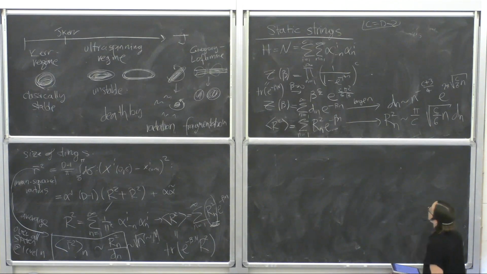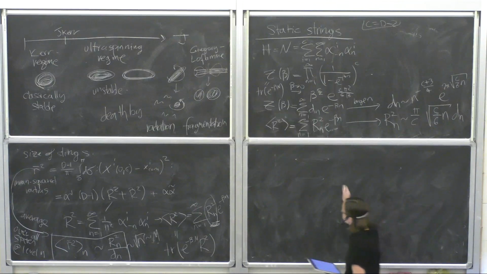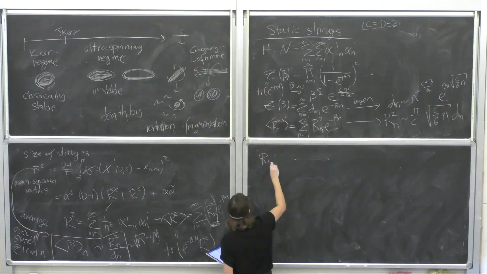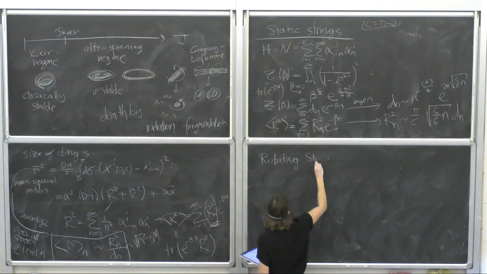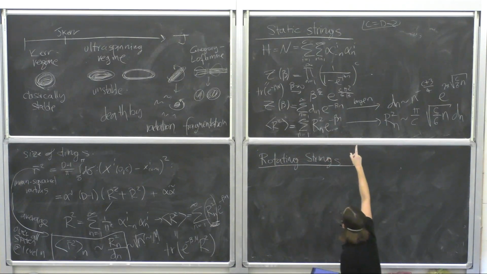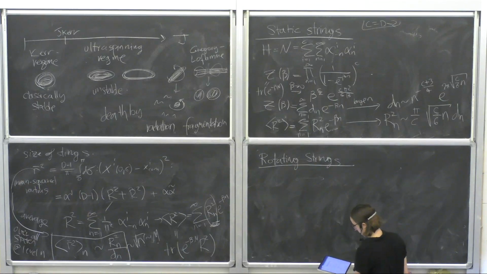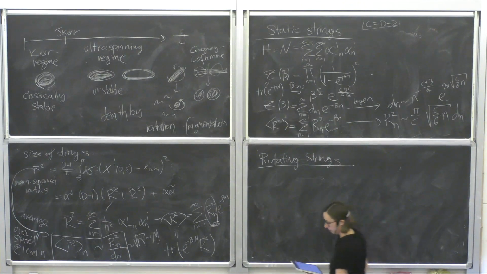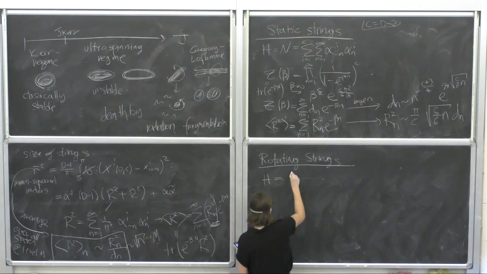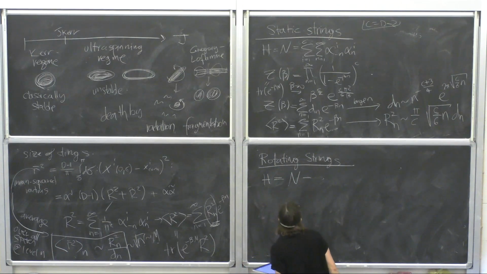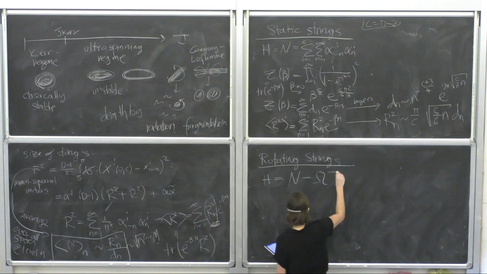So now let's generalize this to rotation. There's a few changes that I have to make now. The change is that the Hamiltonian will now also involve the angular momentum with a Lagrange multiplier.